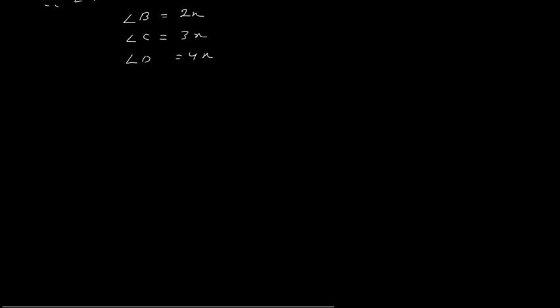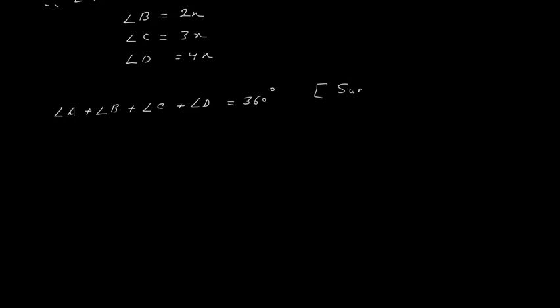Now the sum of all four angles, angle A plus angle B plus angle C plus angle D, is equal to 360 degree. Reason: the sum of all angles of a quadrilateral is equal to 360 degree.